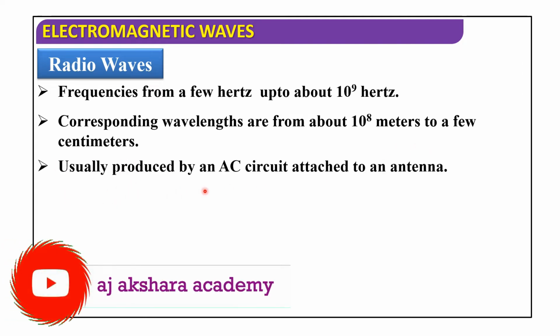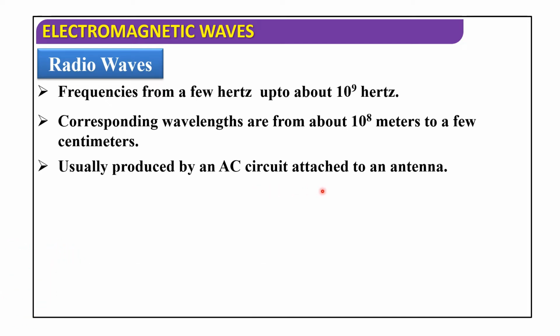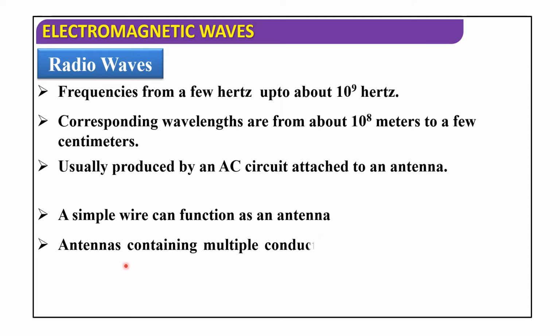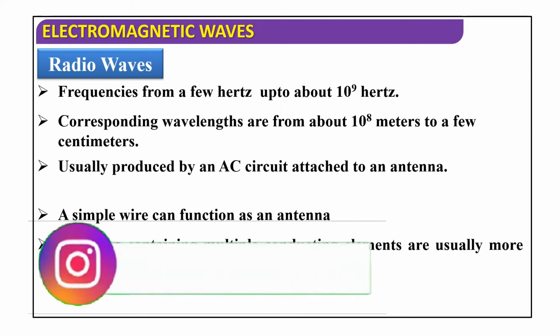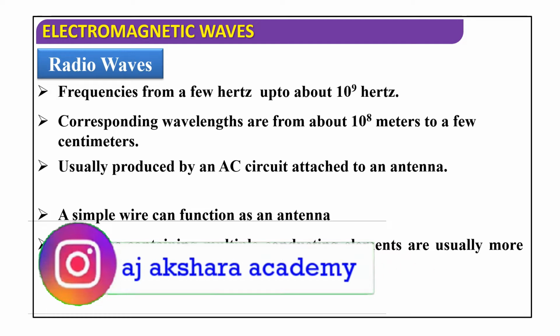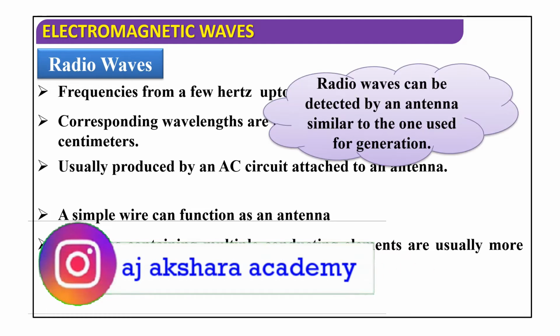They are usually produced by an AC circuit attached to an antenna. A simple wire can function as an antenna. Antennas containing multiple conducting elements are usually more efficient and more common.